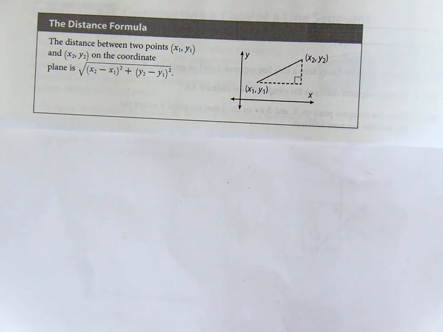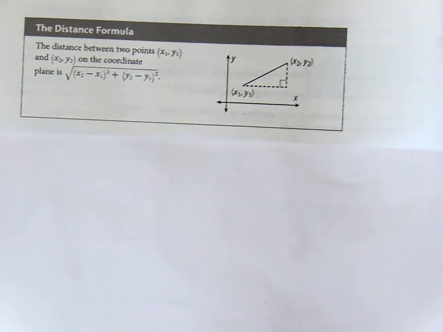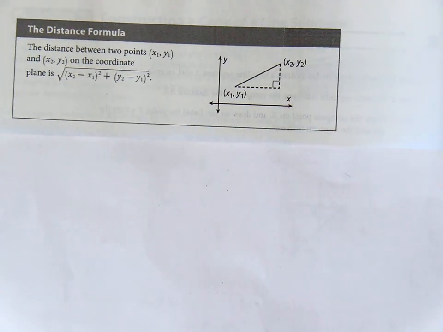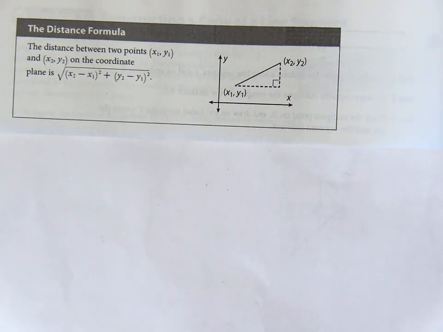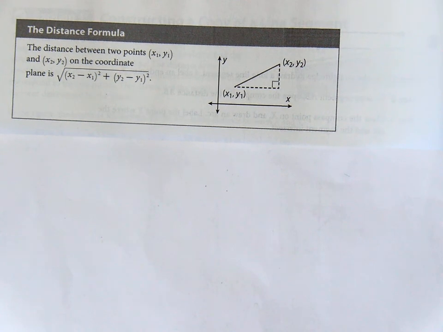Distance formula, and you need to copy it down. This is really important to have in your notes. If nothing else, what you want to pay attention to is that it's very similar to the Pythagorean theorem. Where the Pythagorean theorem is a squared plus b squared equals c squared, if you square root both sides, you get the square root of a squared plus b squared equals c.